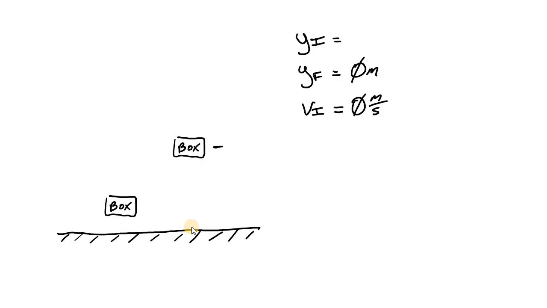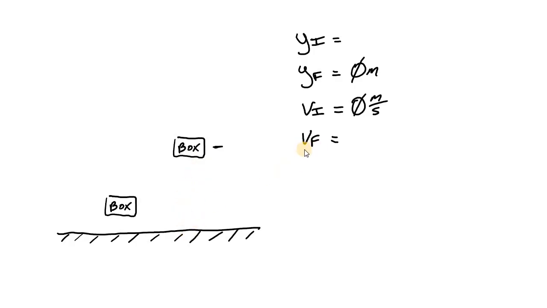Final velocity. What's the velocity that the box will have as it strikes the ground? It's going to strike the ground with a certain velocity. I'm not asking about when the box is already on the ground; the final velocity would be the velocity at which the box hits the ground.